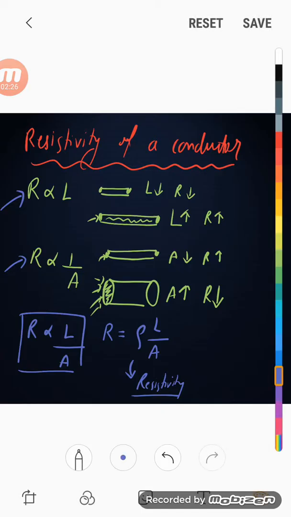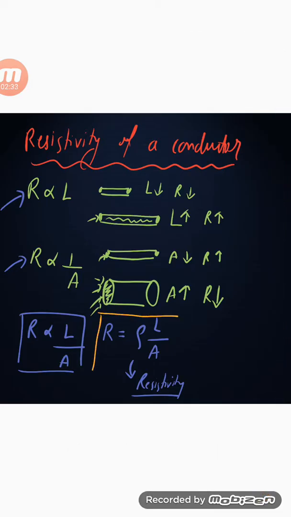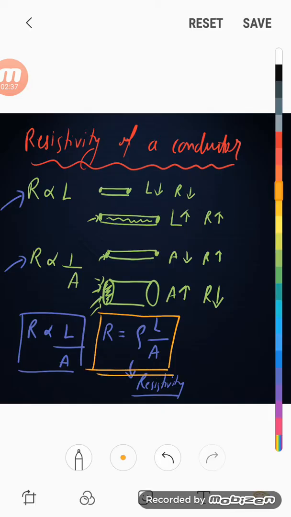So R equals rho L upon A. Okay, R equals rho L upon A.